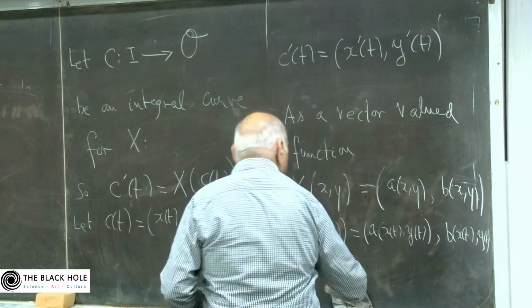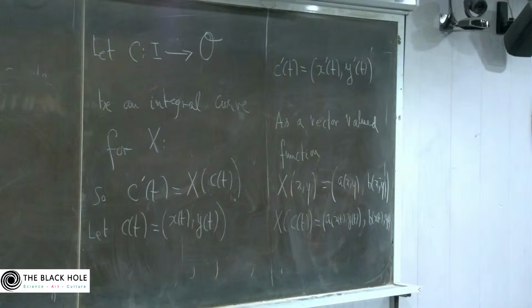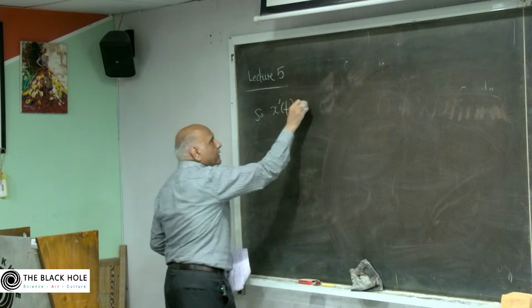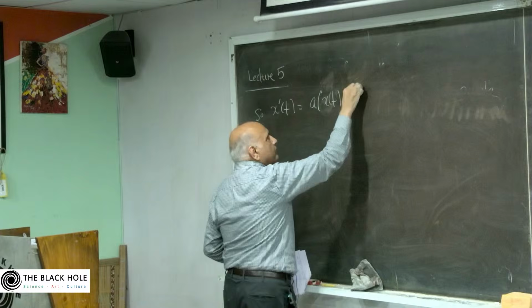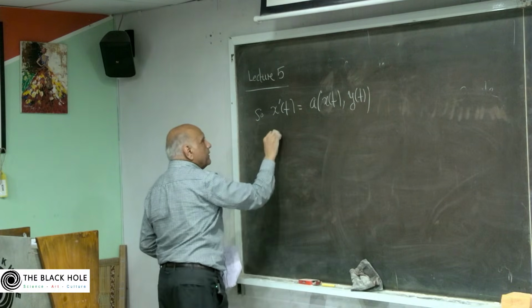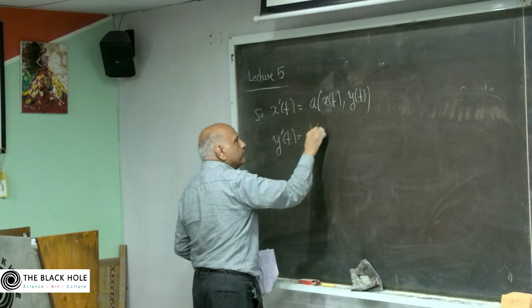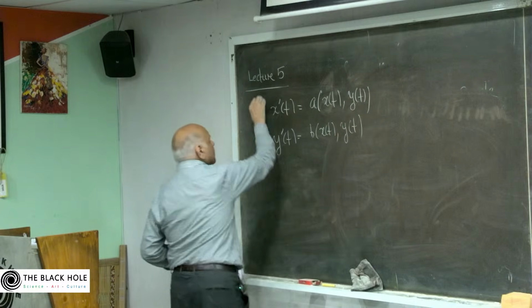Now compare these. x prime t is a of x t and y t, and y prime t is b of x t and y t.